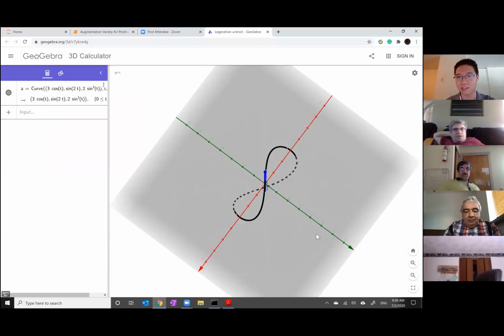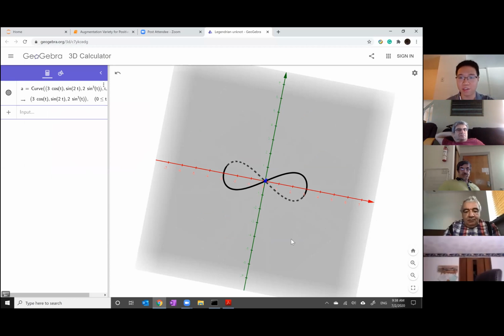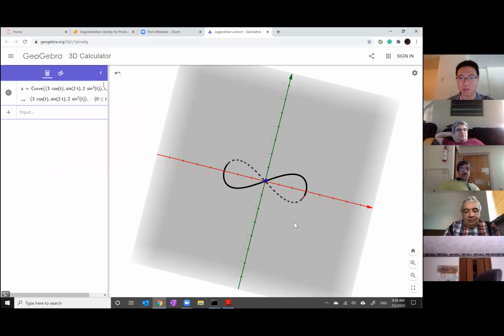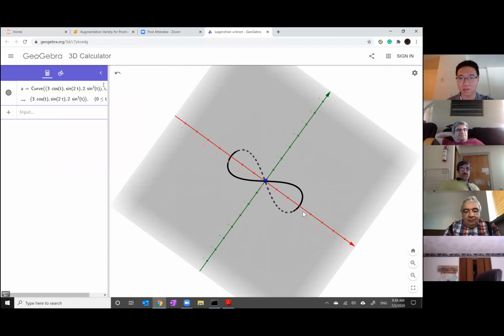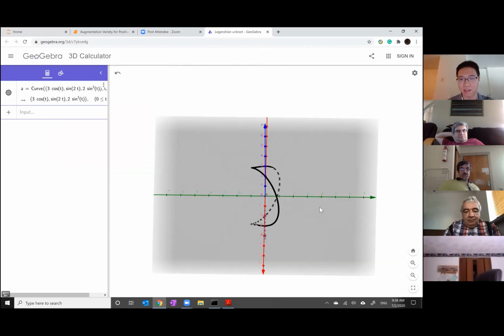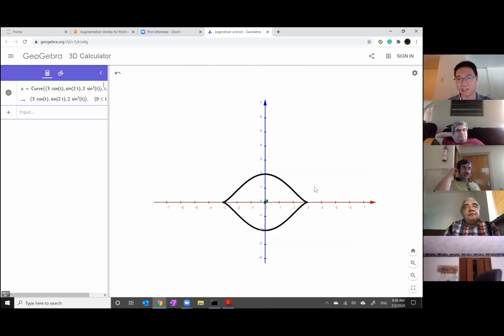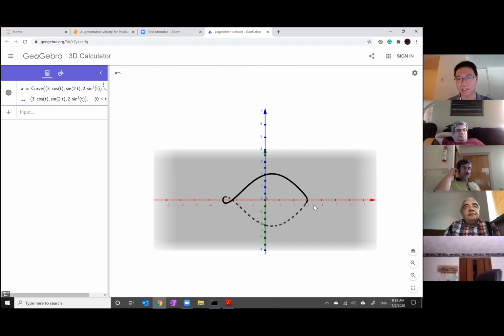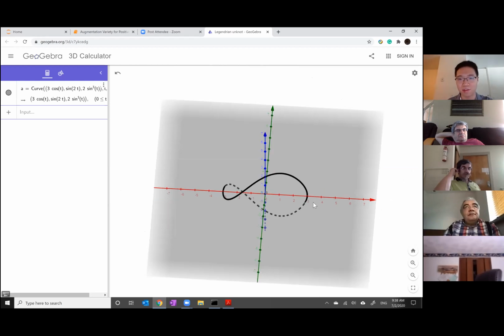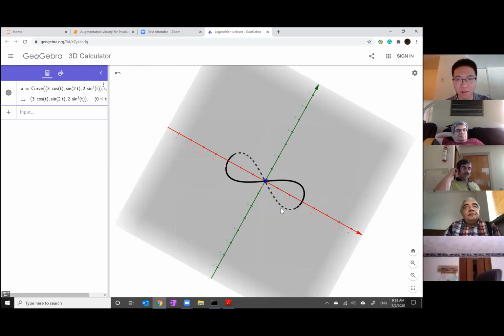So remember this shape. If you project it to the XZ plane, it looks like just a circle. These two kinds of shapes will appear throughout the talk.